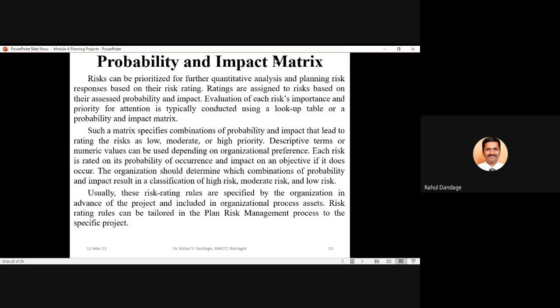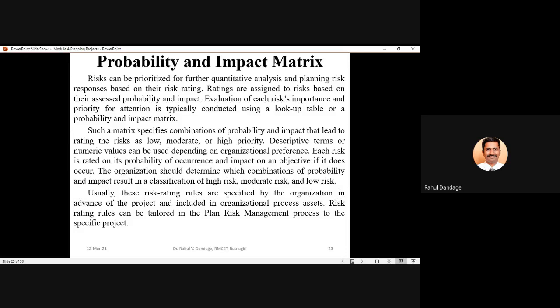Descriptive terms or numeric values can be used depending on organizational preference. So sometimes you can use numeric values assigned to the risk categories. Each risk is rated on its probability of occurrence and its impact on an objective if it does occur.